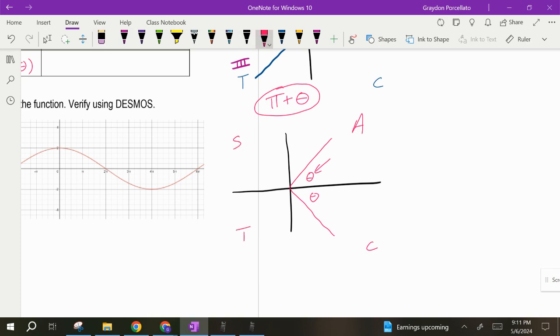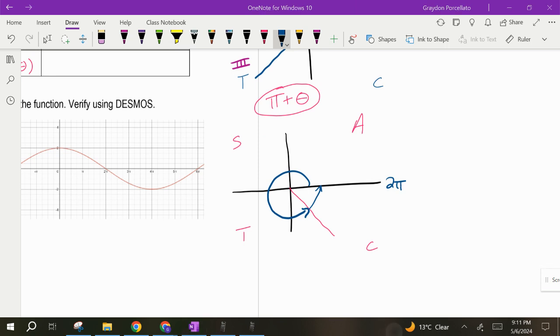And then we're going to do our CAST. If I'm looking at this, this is my principal angle. So we know that from here to here, if I were to continue this, what angle is that? That angle is 2 pi.